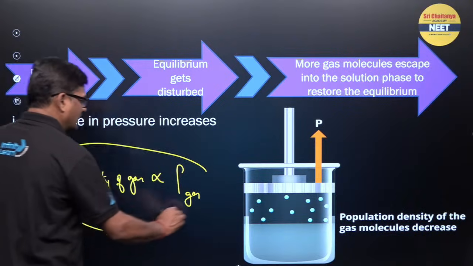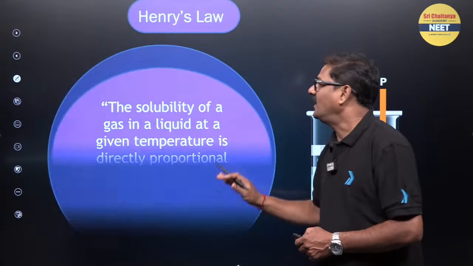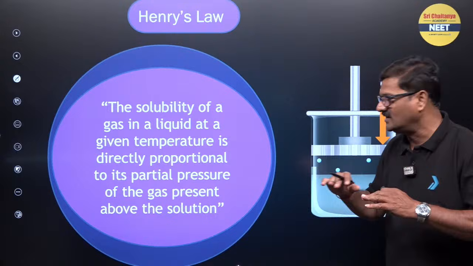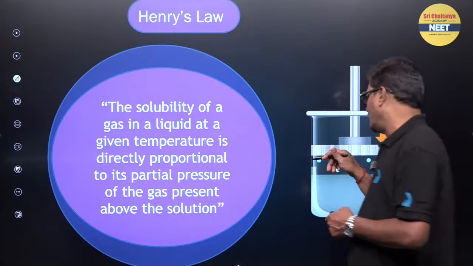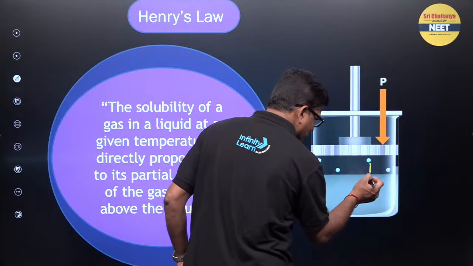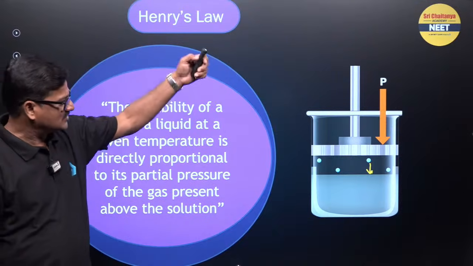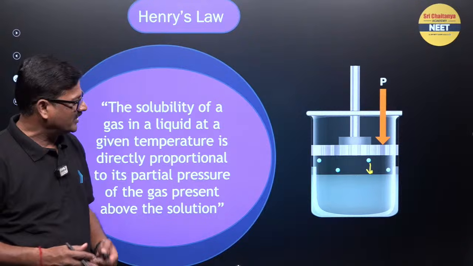So, as long as the temperature is constant, this is Henry's law: the solubility of a gas in a liquid at a given temperature is directly proportional to the partial pressure of the gas present above the solution. This is the partial pressure of the gas, right? Let us just push down, more gas is going to be incorporated into the liquid.